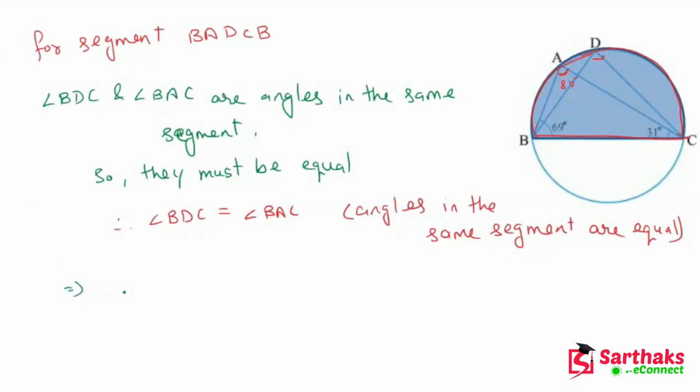So angle BDC is equal to 80 degrees. I hope, my dear friend, you understand these things.